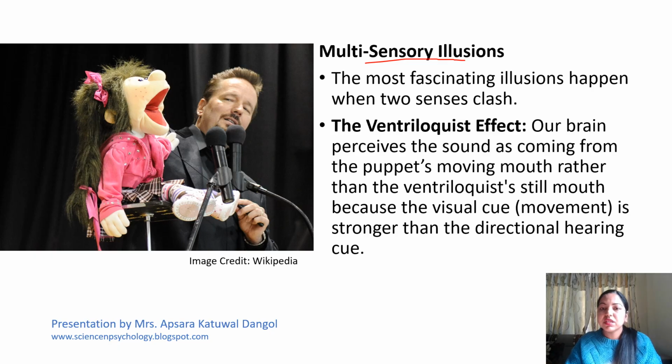Because our brain perceives the sound as coming from the puppet's moving mouth rather than the ventriloquist's still mouth, because the visual cue is stronger than the directional hearing cue. So this is the ventriloquist effect. Here you can see a ventriloquist and a puppet, and it feels like the puppet is speaking, though the person is creating that effect with the motion.